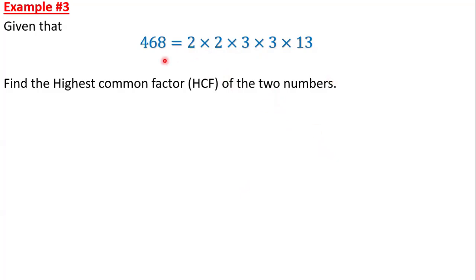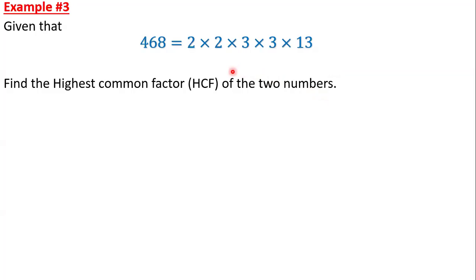Eronique Burrows, what is the prime factorization of 468? Two times 2 times 3 times 3 times 13. Very good. So if it's given, they'd have it like that. Do we look to the factor tree? No, because it's given.